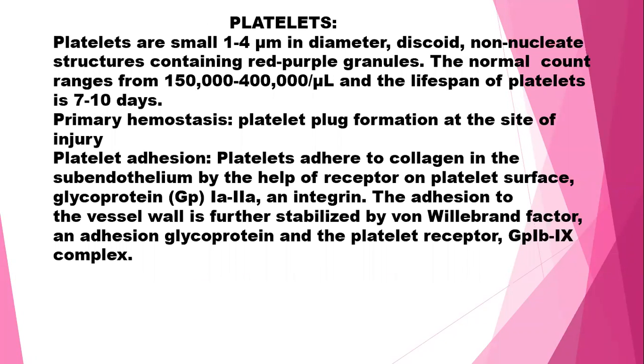This is followed by platelet adhesion: adherence of platelets to the collagen in the endothelium with the help of receptors on the platelet surface, glycoproteins Gp1a2a. These are integrins. The adhesion to the vessel wall is further stabilized by von Willebrand factor. This one is an adhesion glycoprotein, and the platelet receptor is the Gp1b9 complex.